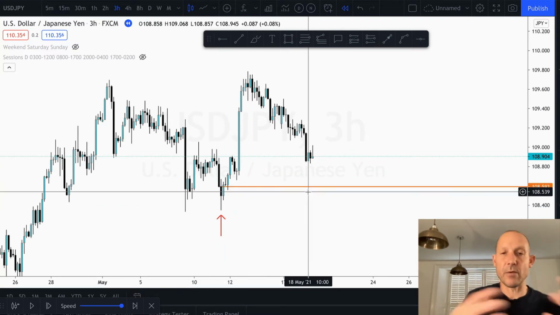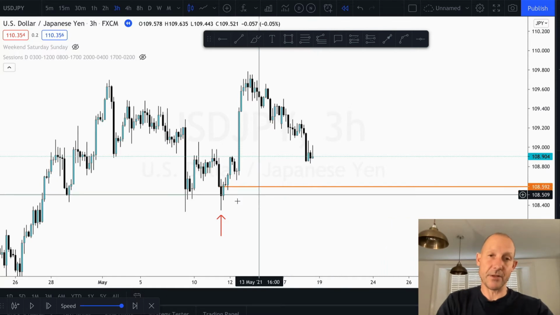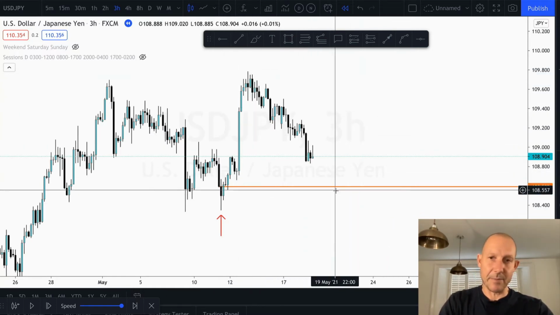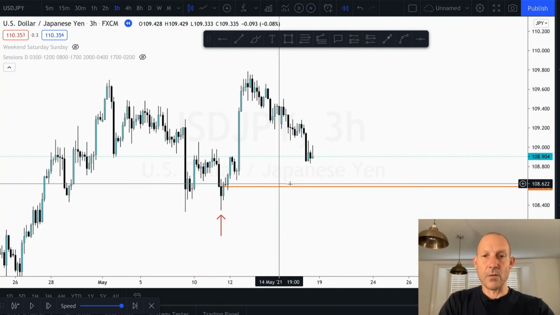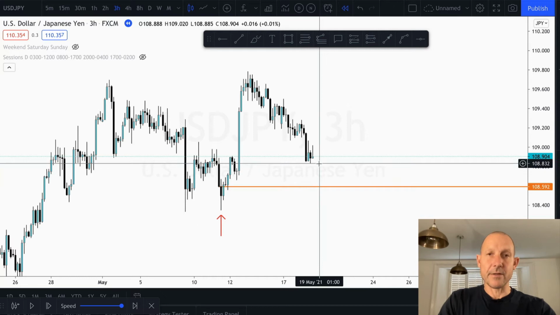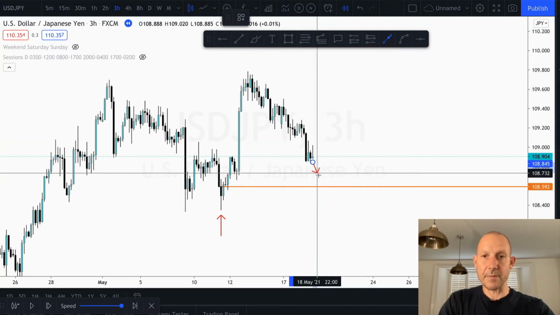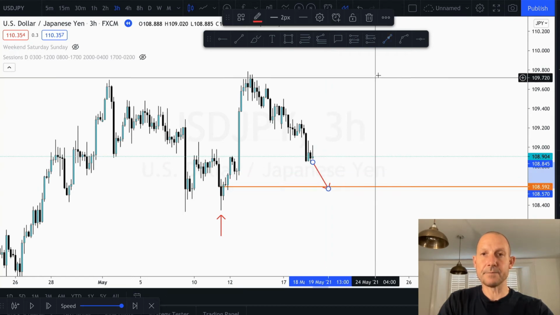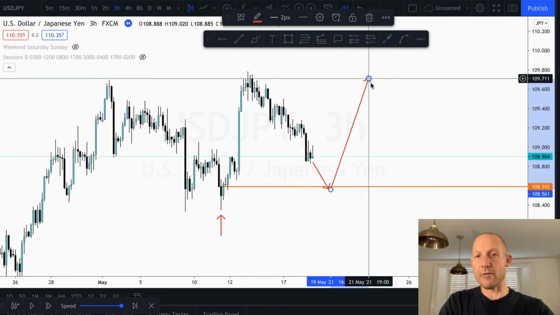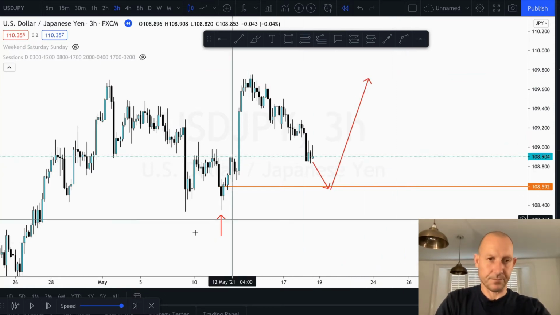This is where I would potentially be looking to take a buy position if I was looking to take this trade. You've got an expansion coming up here, it's creating a flag coming back, and I would look to enter a trade on a buy limit, so when price comes down here. So what I'm looking for is for price to come down to here, trigger the trade, and then move up somewhere around there, I'd imagine. Okay? So this is what I'm looking for.